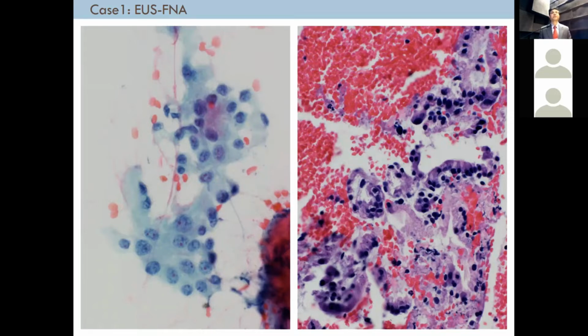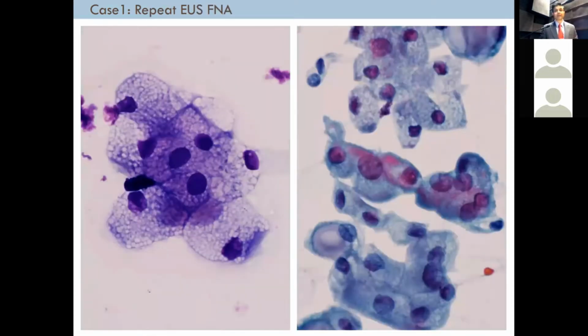But our clinical team wanted a more definitive answer to initiate the treatment. So they requested the procedure to be repeated. The repeat sample was a bit more cellular, but showed a similar cytomorphology, as you can see over here, cells with abundant cytoplasm and this fine microvesicular appearance.